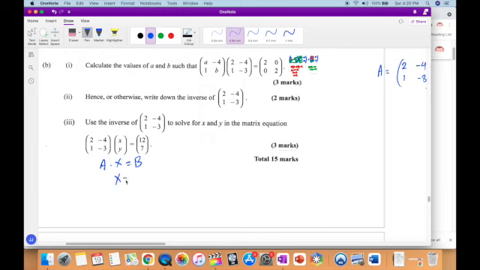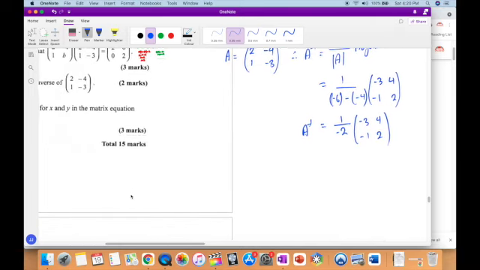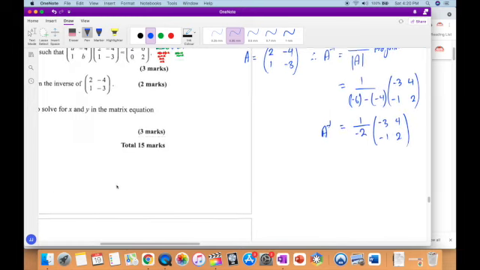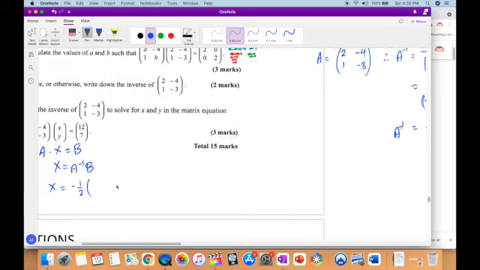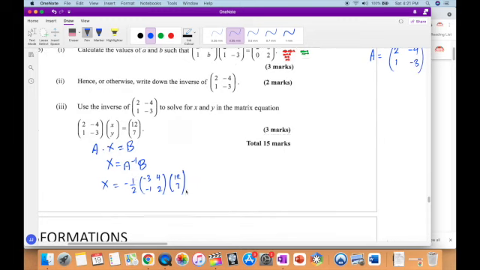So therefore x is equal to A inverse times B, and look, they already made us work out the inverse over here. So that is -1/2 into -3, 4, -1, 2, and we're multiplying that by 12, 7, which is that matrix B on that side there.